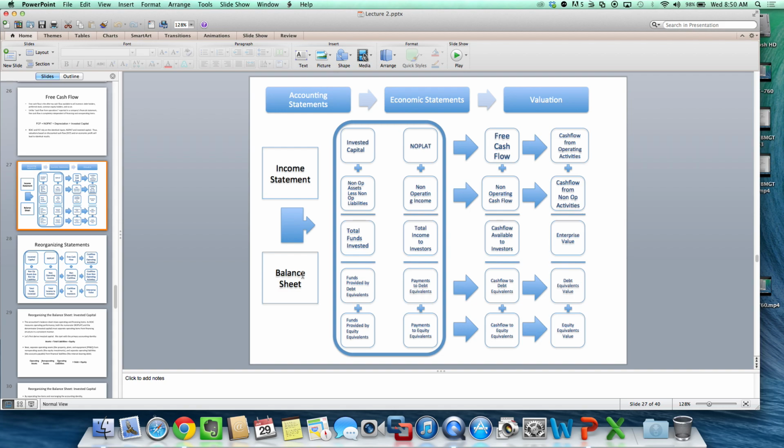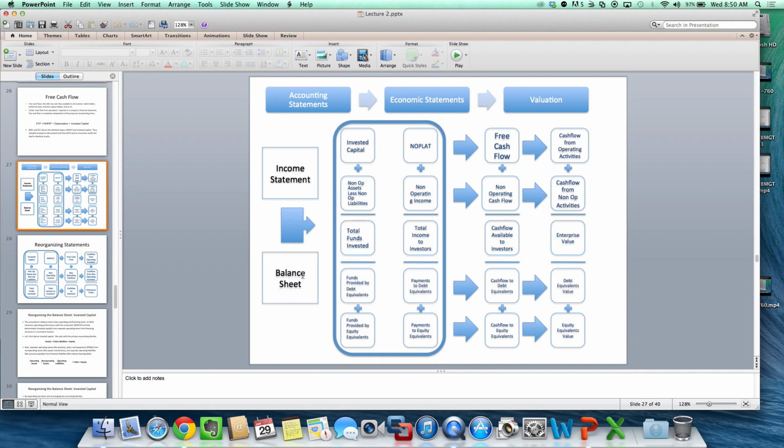And then what we're going to do is net the 2s. We're going to net all the non-operating assets against all the non-operating liabilities. Okay? And then we're going to take that netted non-operating number and add that to the invested capital, and that's going to get us something called TFI, total funds available to investors, also known as total funds invested.